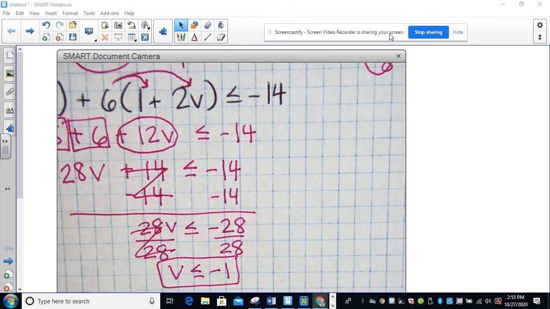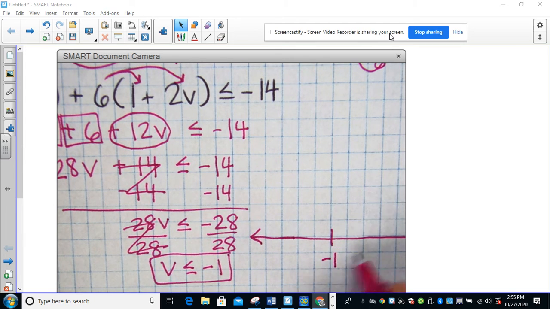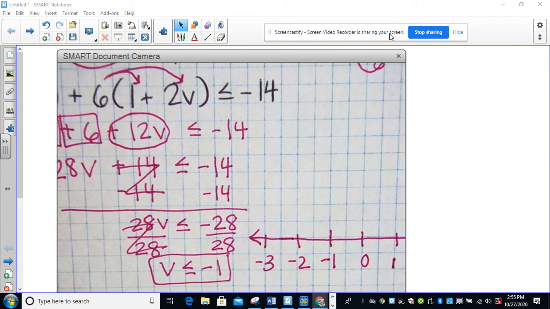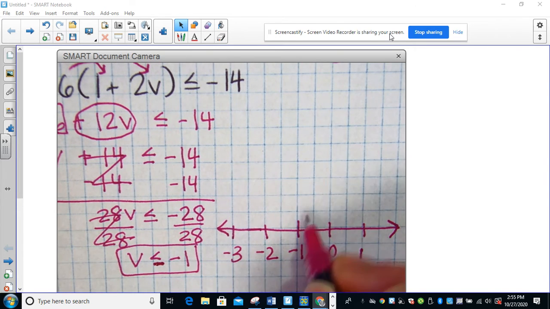So if we wanted to plot that on a number line, again, be careful with those negatives. So if we have a -1 here, this would be a 0, this would be a +1, -2, -3, and so forth. Since it does have an equal sign, we're going to make our circle at -1 and color it in because there's an equal sign.